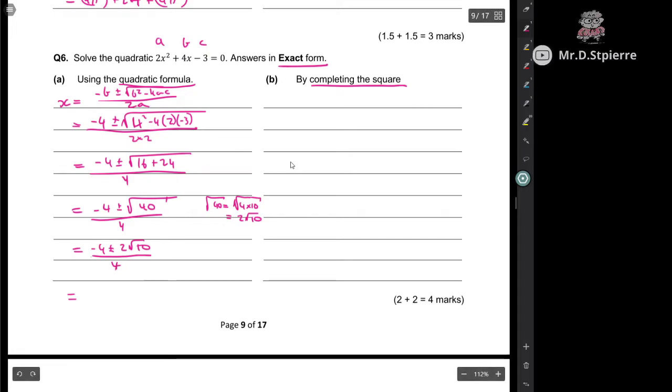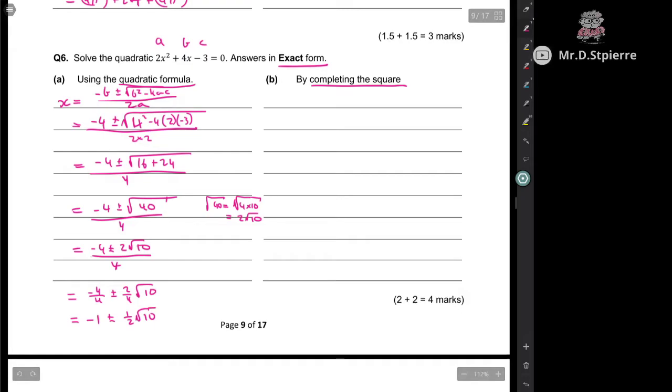We could then say that's the same as negative 4 on 4 plus or minus 2 on 4 root 10, just changing the two terms in the numerator into separate terms over the denominator, which gives us negative 1 plus or minus half root 10. So that's using the quadratic formula, and I've left the answer in exact form. Root 10 I can't simplify any further.